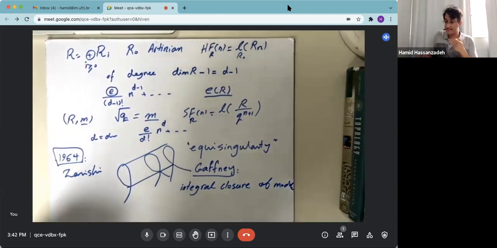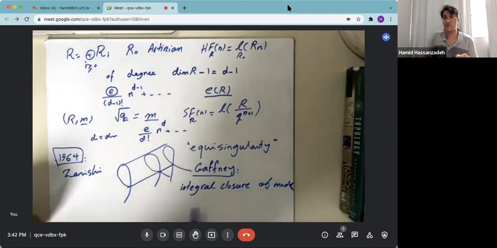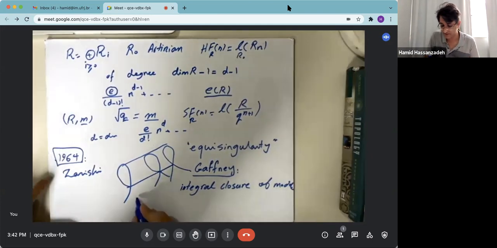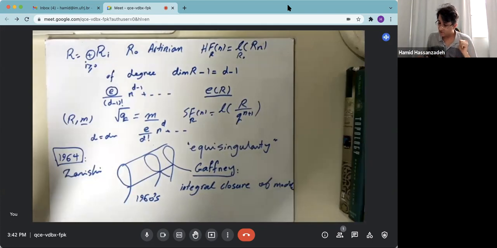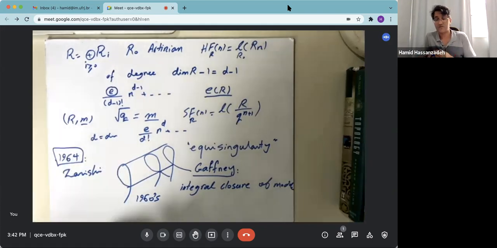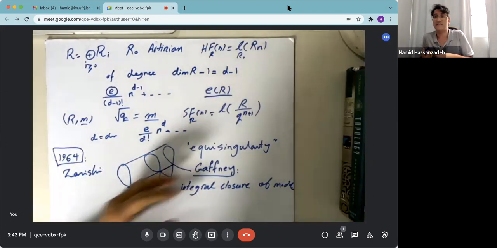So this is what led him to understand this theory that was developed in the 1960s by Riesz and others. And besides that, he also needs some invariant that could measure the singularity in a family.